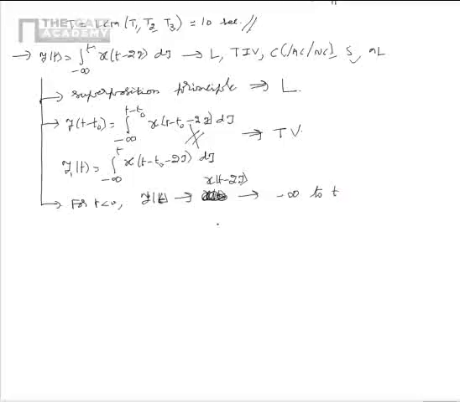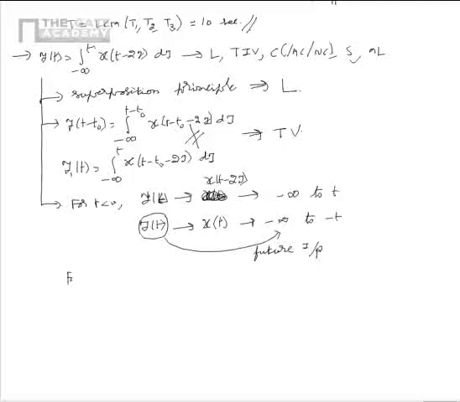From this, we see that y of t is actually the integration of x of t over the interval minus infinity to minus t. From this, we see that the output y of t depends on future values of input.